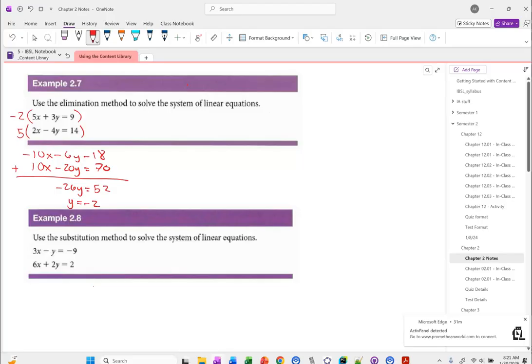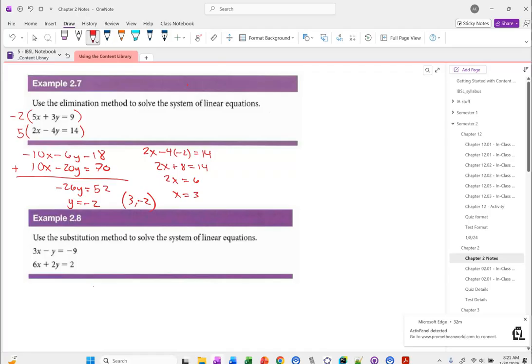Does it matter? Not even a little bit. Which one am I going to do? I don't know. Let's do the second one. Done, right? So my solution here would be 3, negative 2.